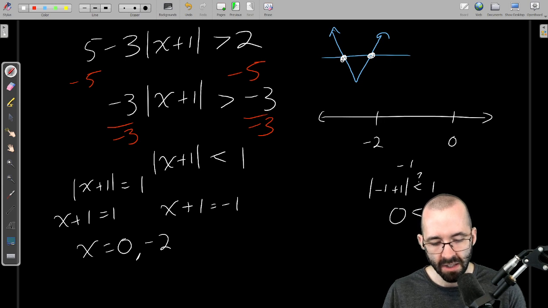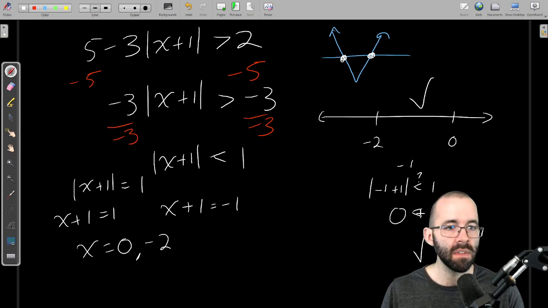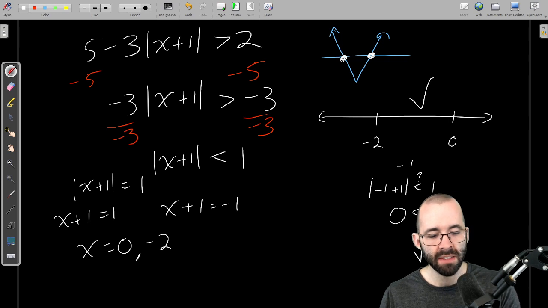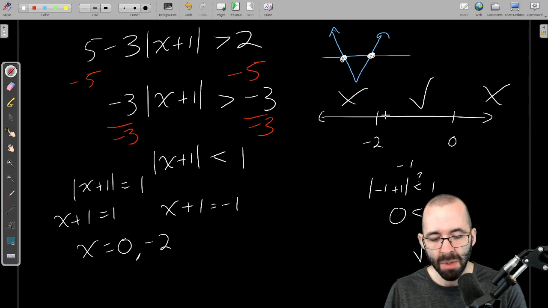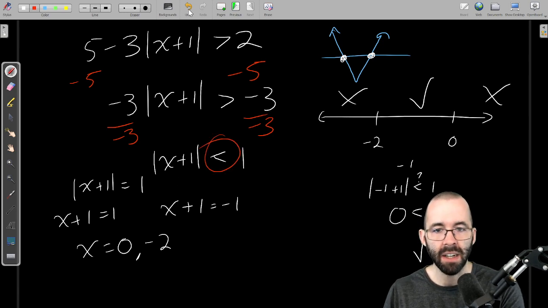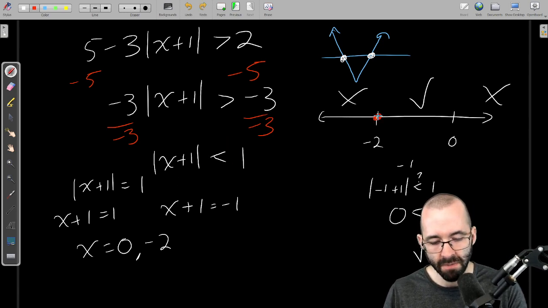Yeah, 0 is less than 1. Good. Inside the interval checks out. And similarly, you could find that something over here didn't check out, something over here didn't check out. So we have to be inside this interval. We'll use open circles because we don't have inclusion here.